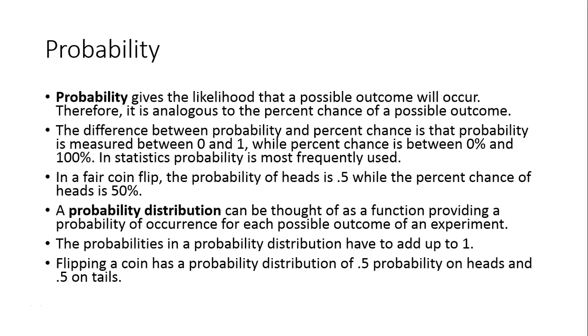For example, in a coin flip, you can have heads or tails, and the probability is 0.5 on heads and 0.5 on tails, so 0.5 plus 0.5 adds up to 1. All the probabilities in the probability distribution have to add up to 1.